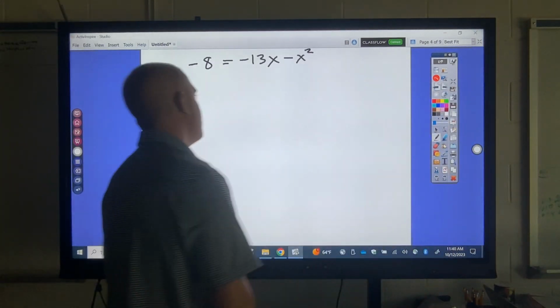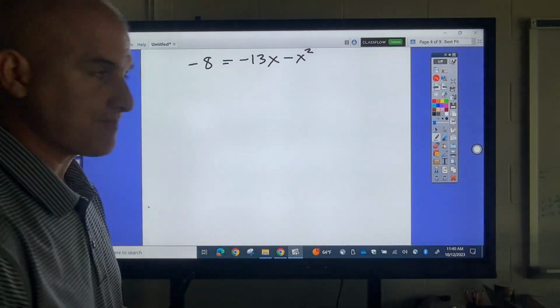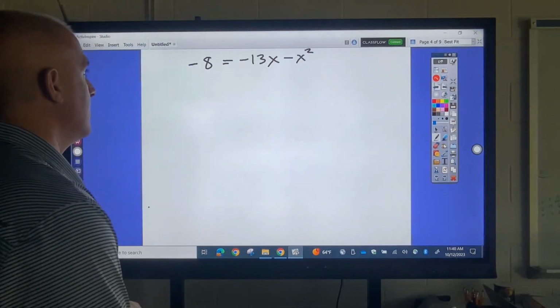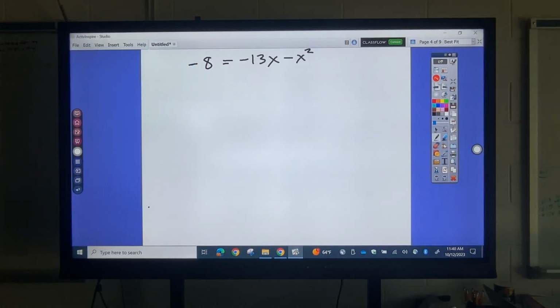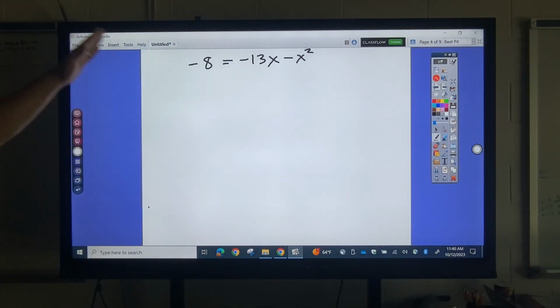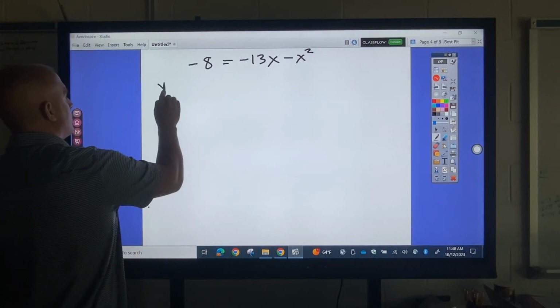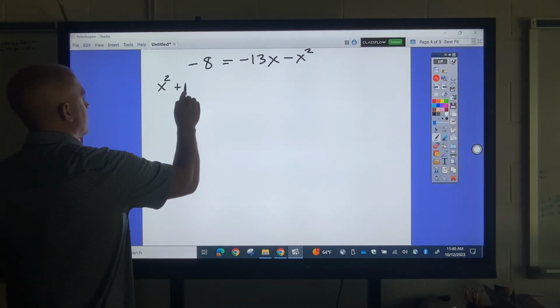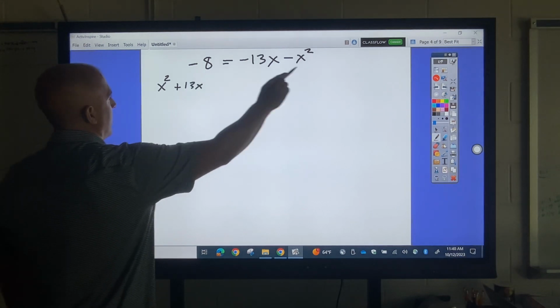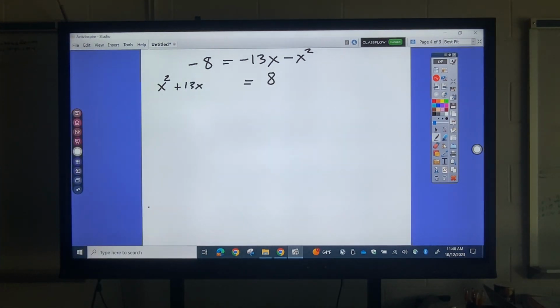Let's say I have something like this. Now, in my opinion, what I would do here is move everything back over to this side. So I would get x² plus 13x. I would move that negative 8 and make that positive.